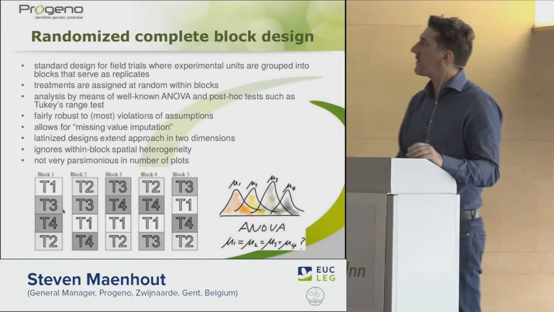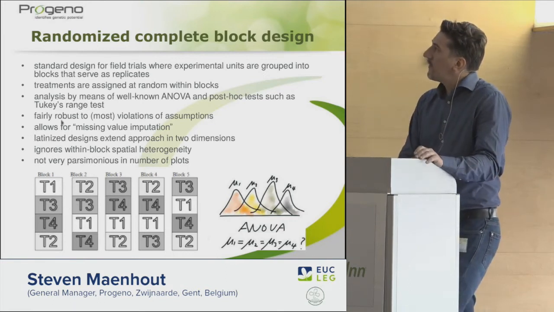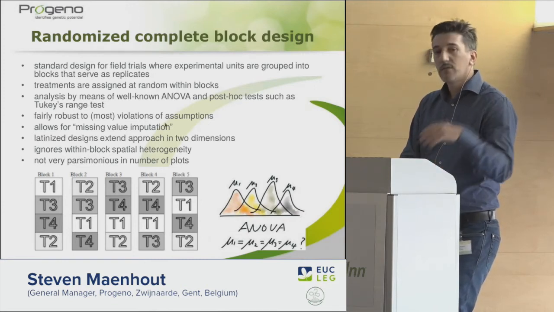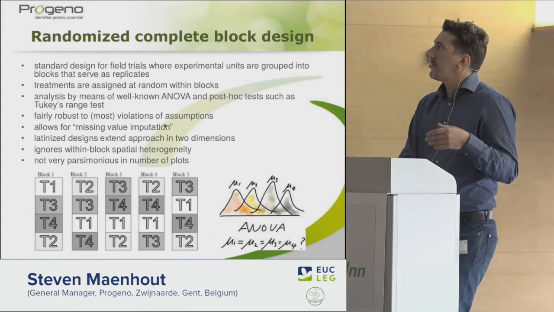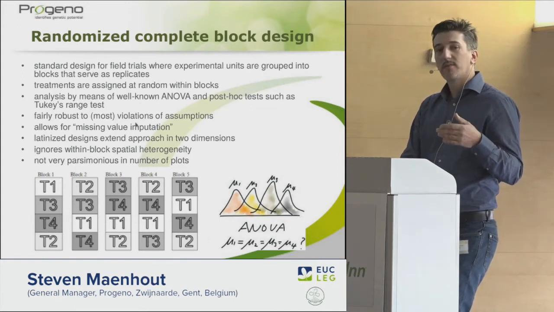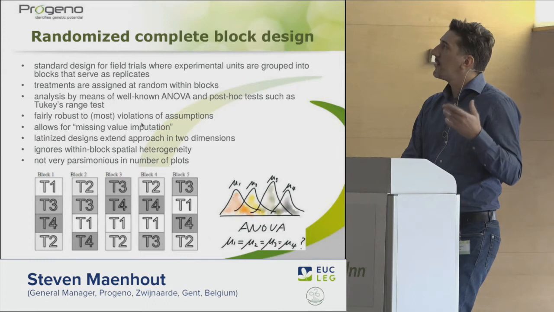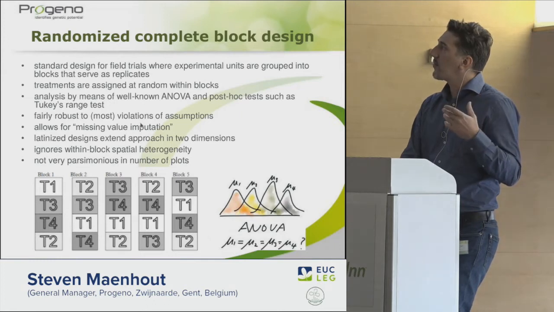That is what often is done, and it's fairly robust to modest violations of the assumptions, because it depends what you mean by a violation of an assumption. It's robust against, imagine that your variances are not really originating from a normal distribution.